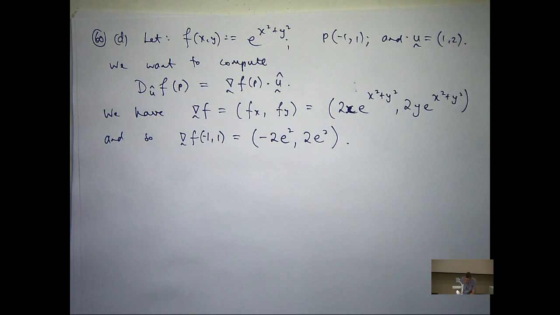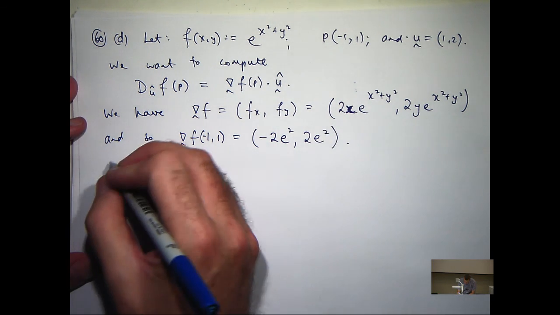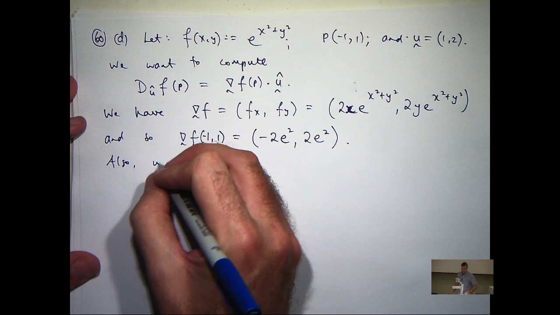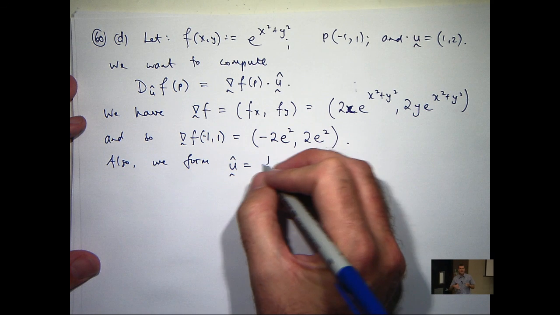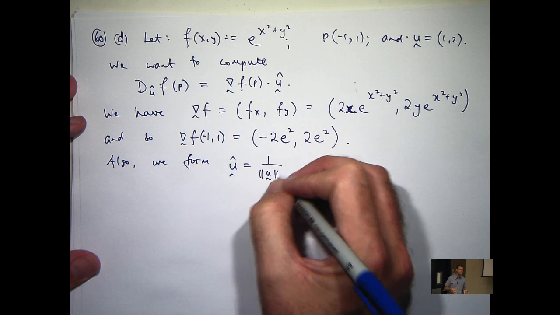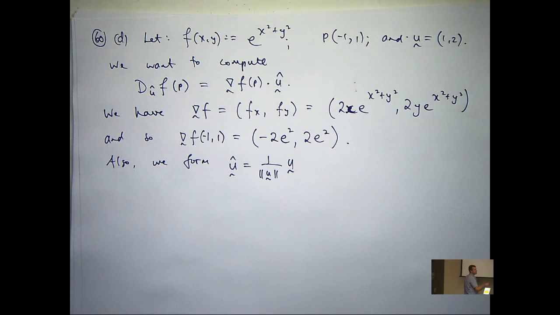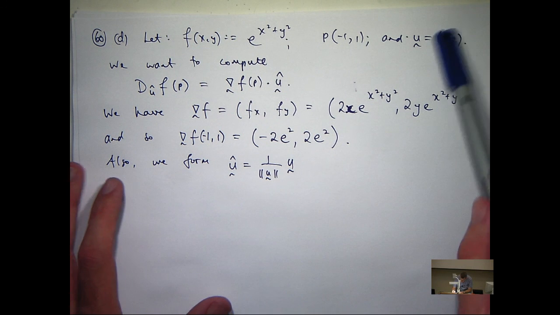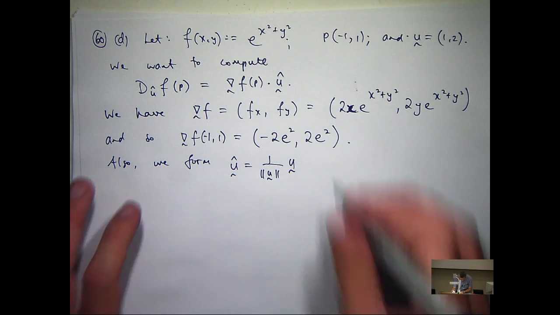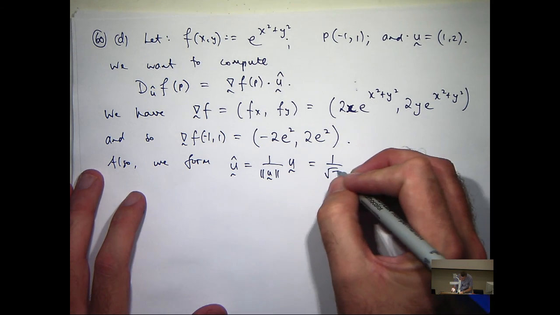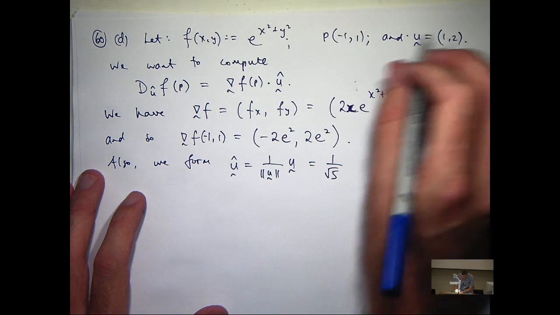No. Well, we just form a unit vector by dividing by its magnitude. So what's the magnitude of this vector going to be? Root 5, right? You just square the components, add them together, and take the square root.